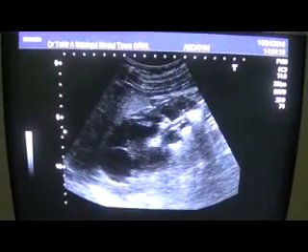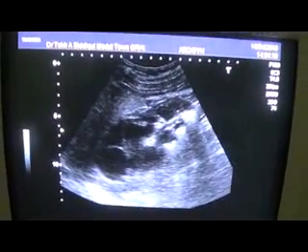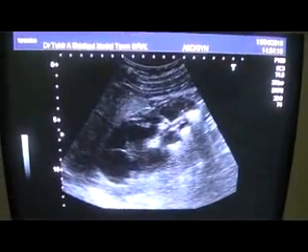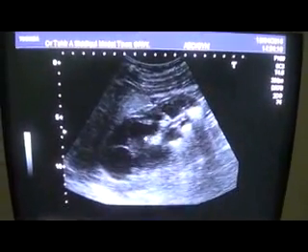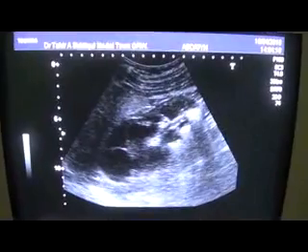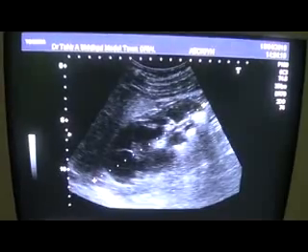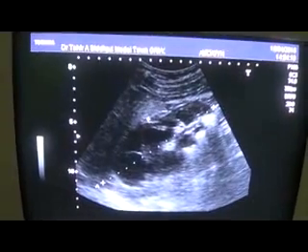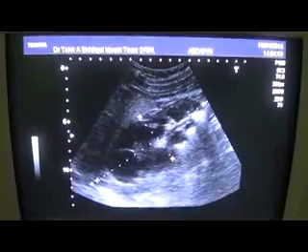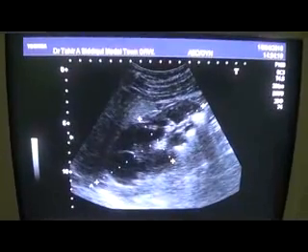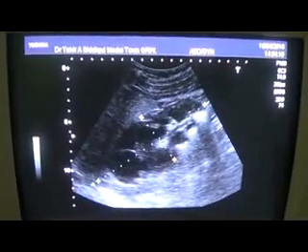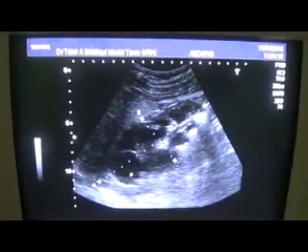Yeah, here you are seeing a kidney focused on the screen of the ultrasound. This is the right kidney of a 52 years old patient, measuring 13.7 in length, which is a large length.